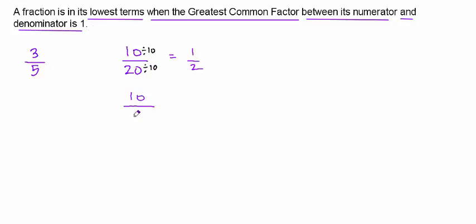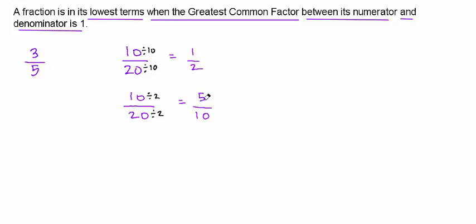So starting with that same fraction 10/20, you could have said, okay, I'm going to divide this with 2 and this with 2. Fair enough. 2 is a common factor between 10 and 20, although not the greatest common factor. And then 10 divided by 2 is 5, 20 divided by 2 is 10, so you end up with the fraction 5/10.